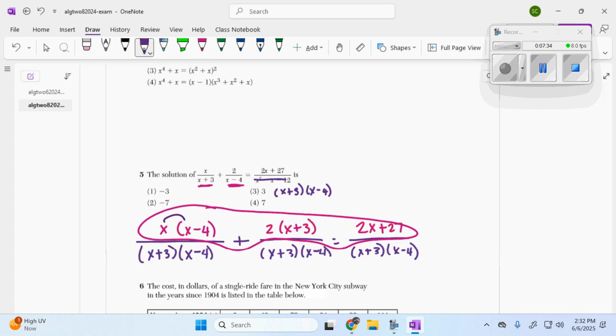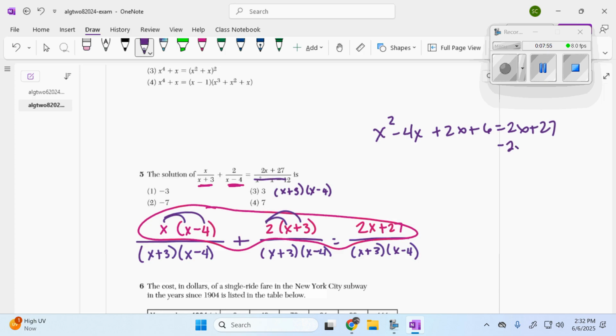So if we do some distributing, we get x squared minus 4x, we get plus 2x plus 3, not 36, equals 2x plus 27. Now from here, we see it has x squared in it, so we're instantly thinking it's quadratic, set it equal to 0.